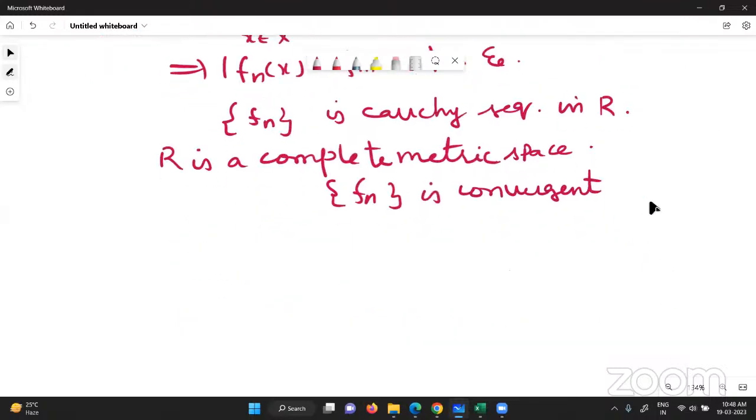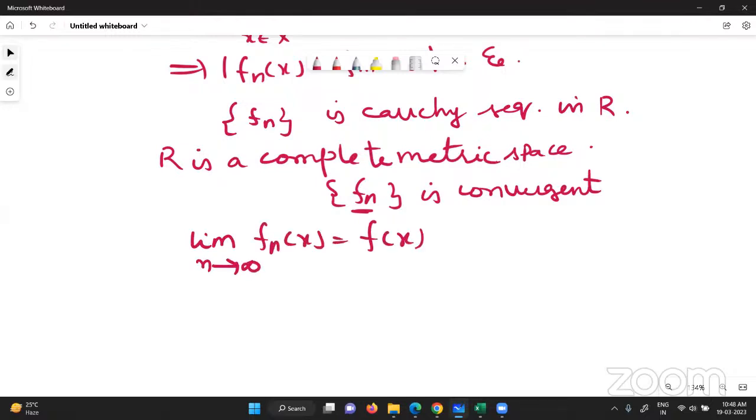But what else do you have to prove? In C(X,R), wherever this function Fn converges, the limit must also be continuous. These are all continuous and bounded functions, so the limit function also you have to prove is continuous. So Fn is convergent means limit as n tends to infinity of Fn(x) is equal to f(x).